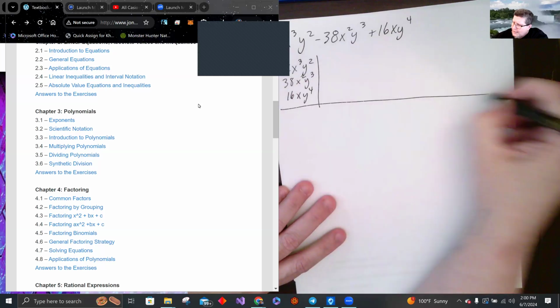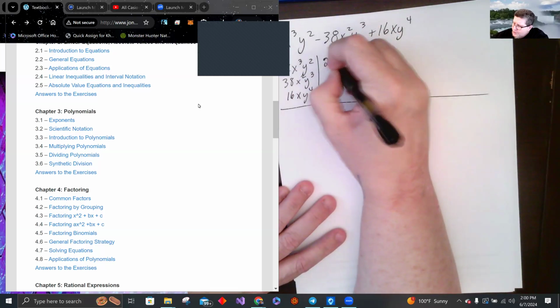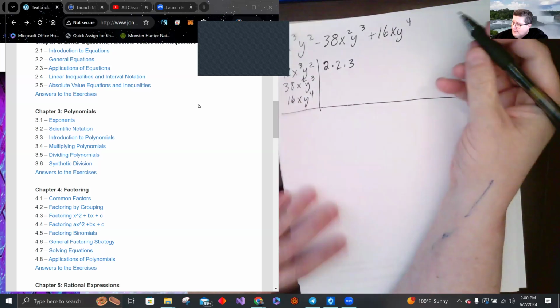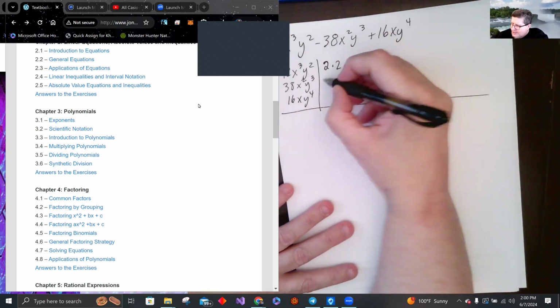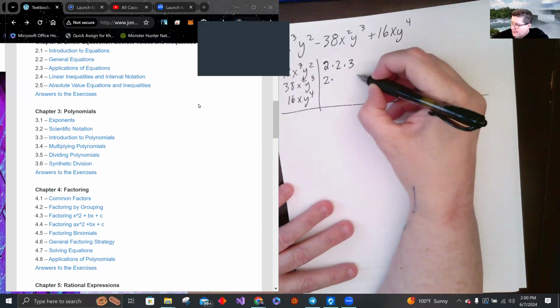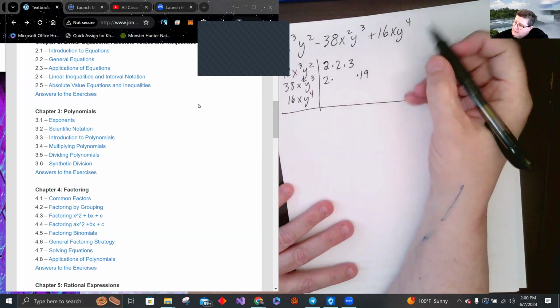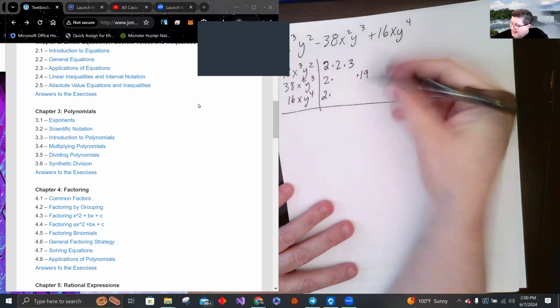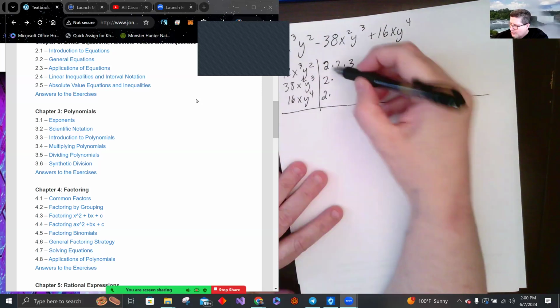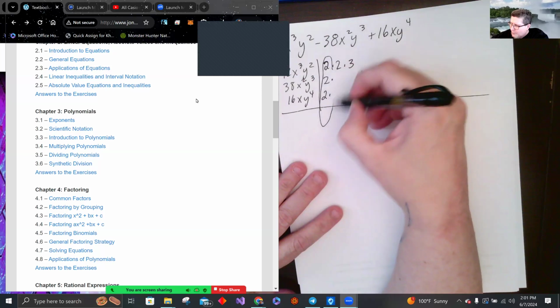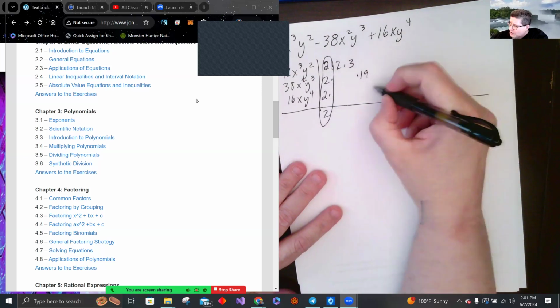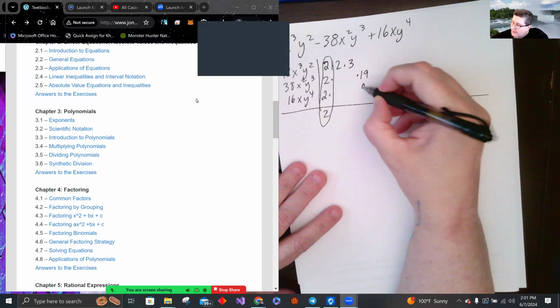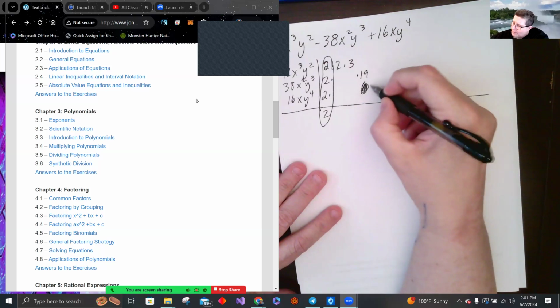12 is 4 times 3, which is 2 times 2 times 3. 38 is 2 times 19. And 16 is 2 times, I guess it doesn't really matter what the rest are. The only greatest common factor number-wise is going to be a 2. Should probably put it in its own column like I've been doing.